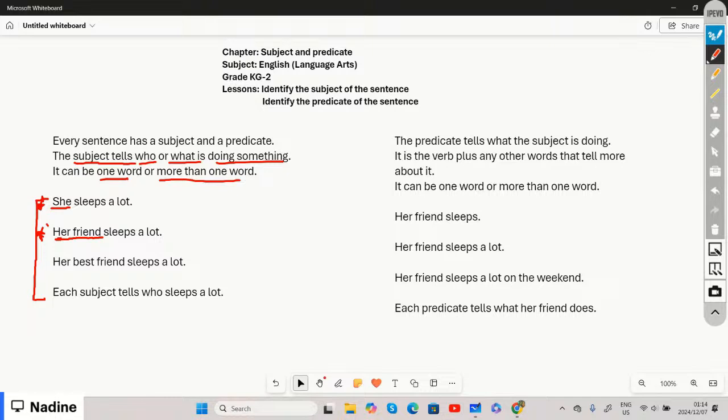The next one says her best friend sleeps a lot.